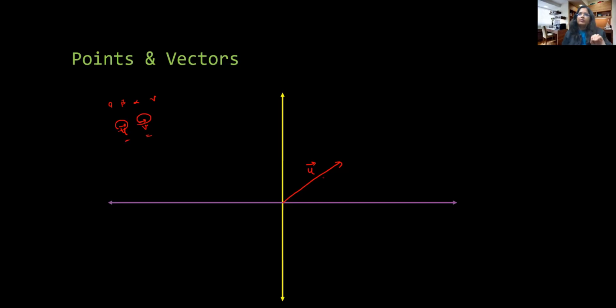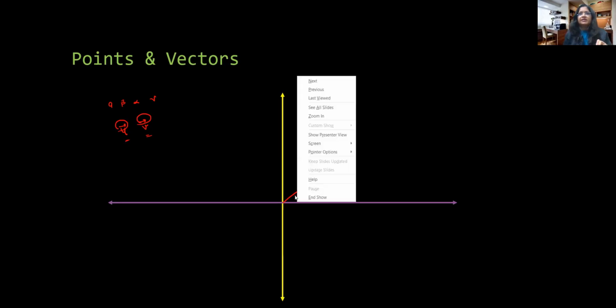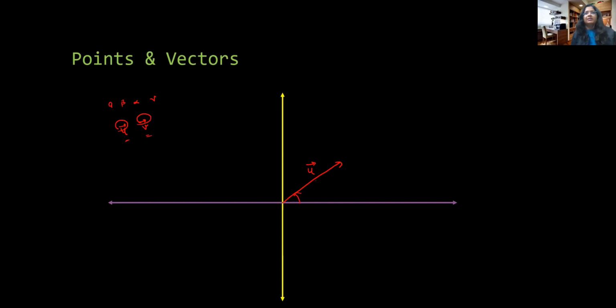Now, those who are from physics might have done this kind of thing: if this is a vector, we can measure the direction by this angle, the angle between the vector and the x-axis. If we know the angle and the magnitude of this vector, we can identify what the vector is.